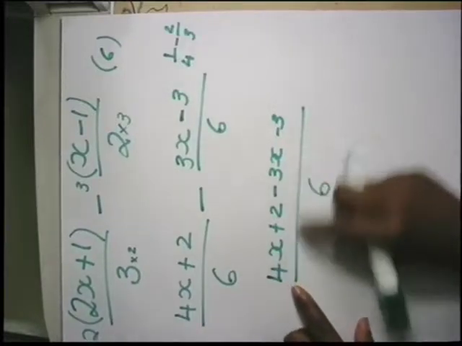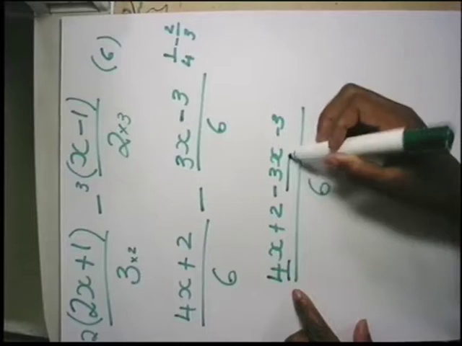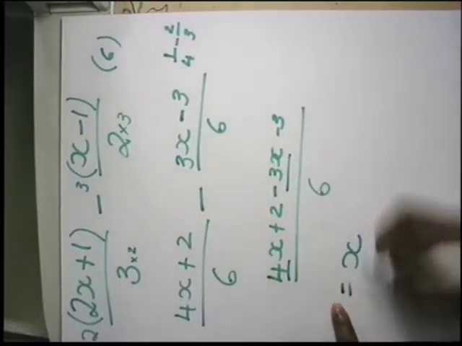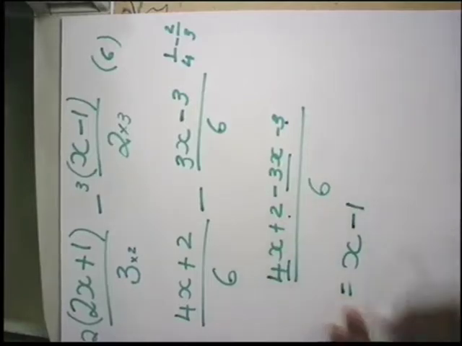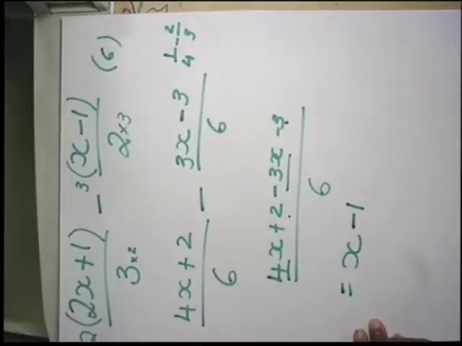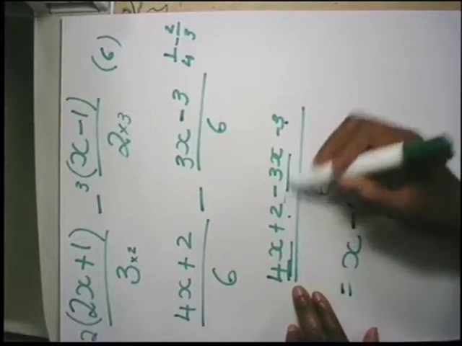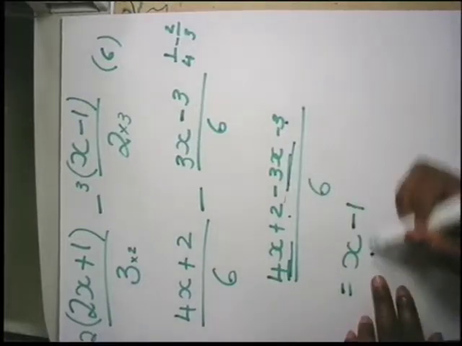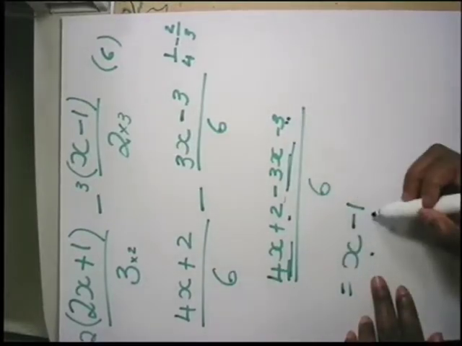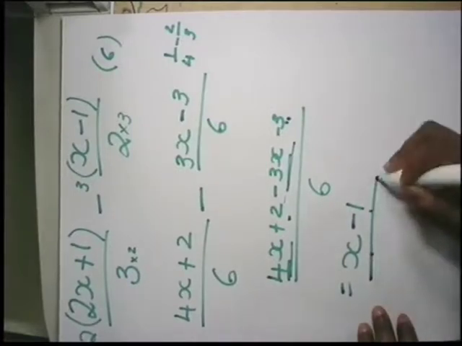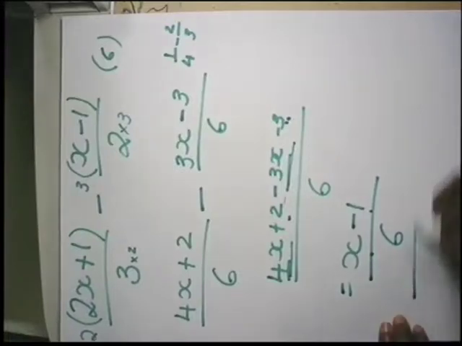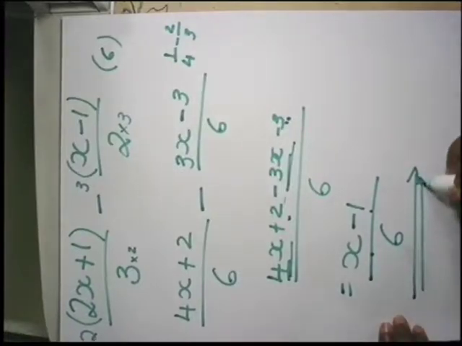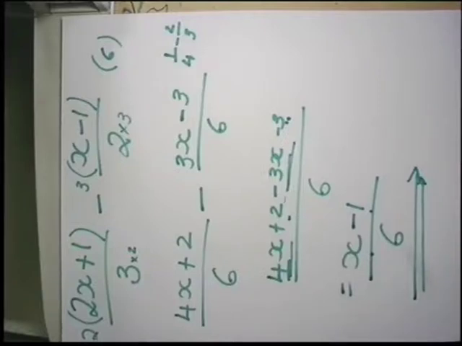So then we subtract this. 4x minus 3x will just give us x, and then 2 minus 3 will give us negative 1, and then over 6. So then that is our answer. So then x minus 1 over 6 is our final answer for this one.